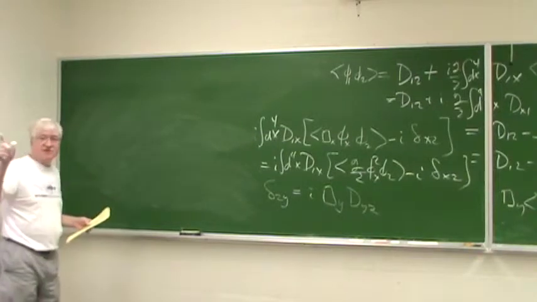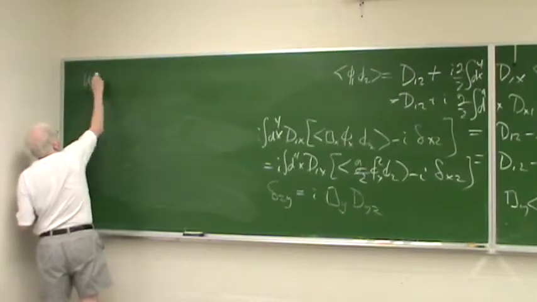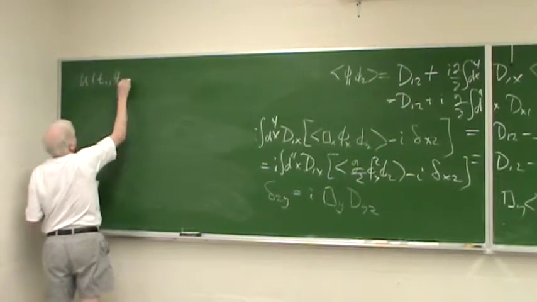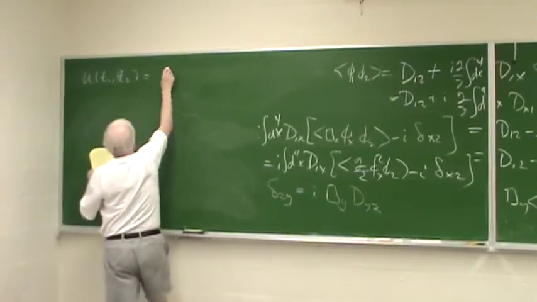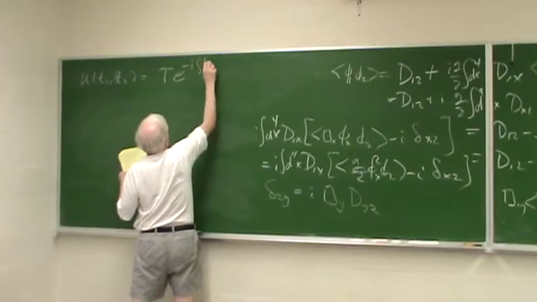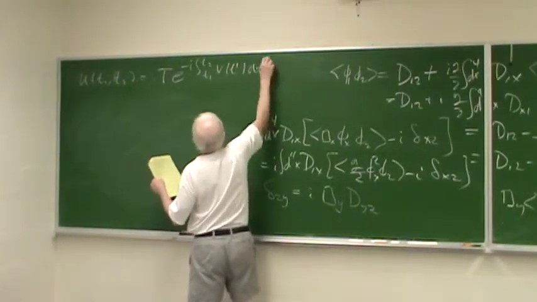I was talking about U of t, 0 all the time. We can generalize that to U of t1, t2 as the time-ordered product of e to the minus i integral from t1 to t2 of V of t prime dt prime.